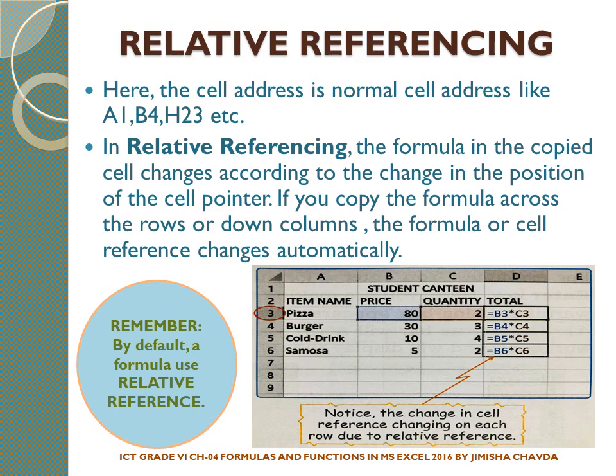For example, if the formula in cell D3 is applied as =B3*C3, when the formula is copied vertically down, notice that the cell address in the formula automatically changes. Remember that by default a formula uses relative reference.